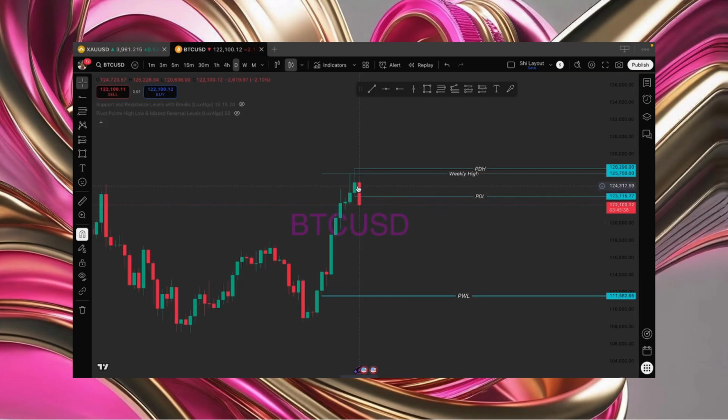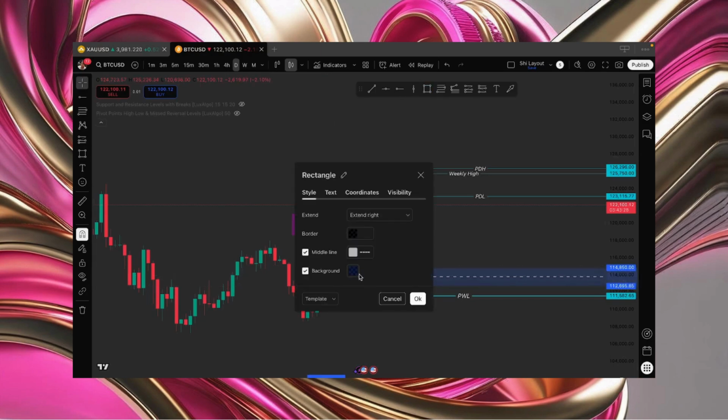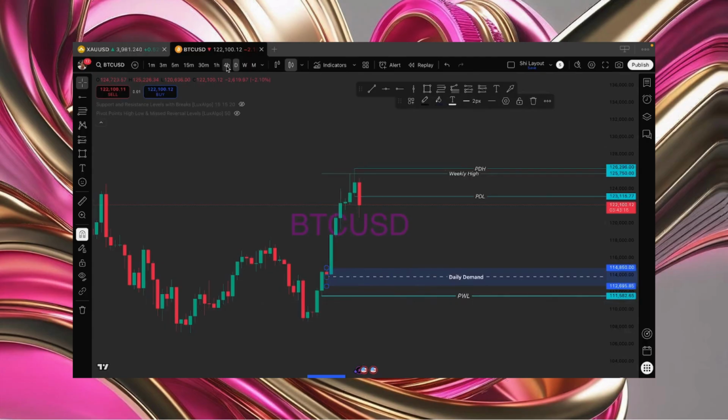Well, where is it going to continue to sell to? Where on the daily, we have a daily demand zone, okay? So I will mark up my daily demand. But I do typically trade on the 4-hour demand zone, okay?